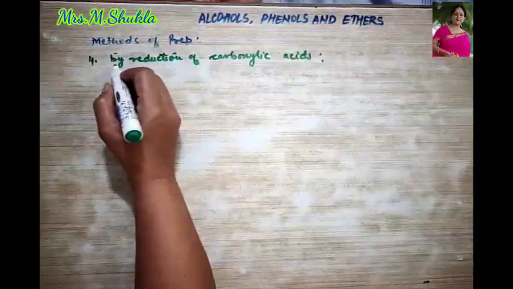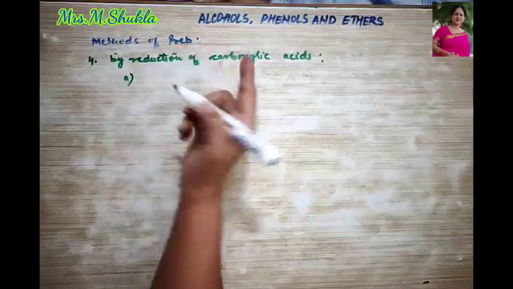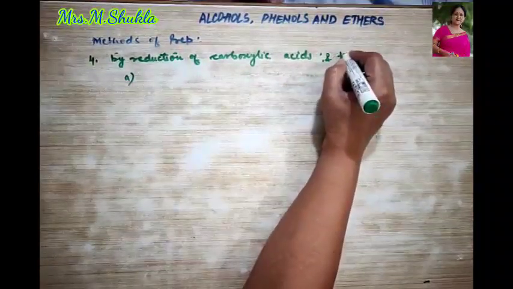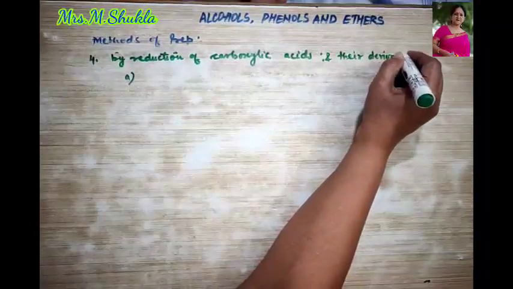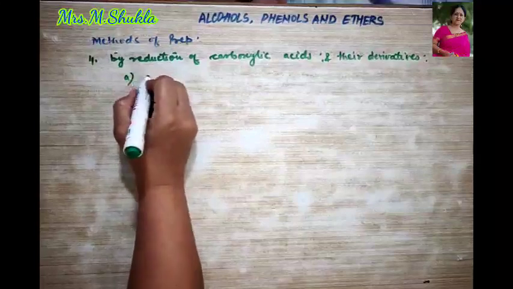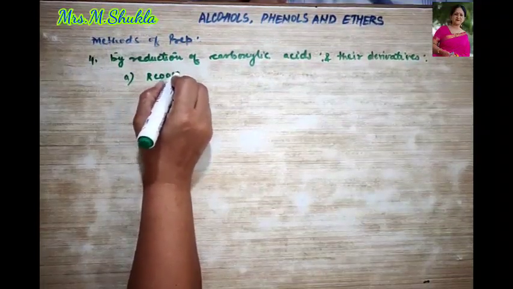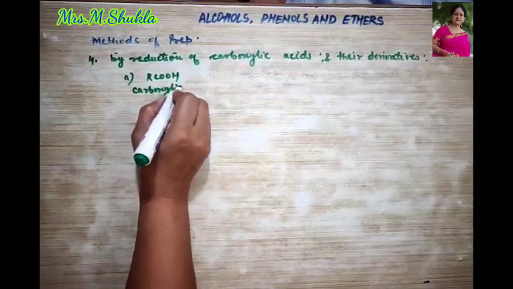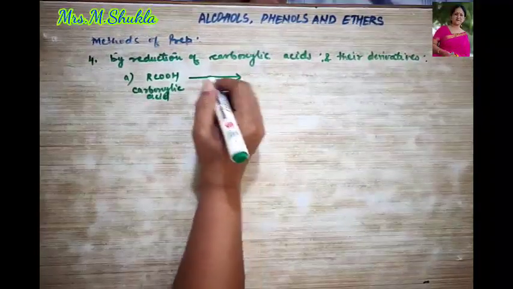So let us look at all the general formulas. The first one, as I told you, is reduction of carboxylic acids and their derivatives, so it will be more clear to you. Over here, let's take a carboxylic group like RCOOH. This is what? Carboxylic acid, right? So this gets reduced.